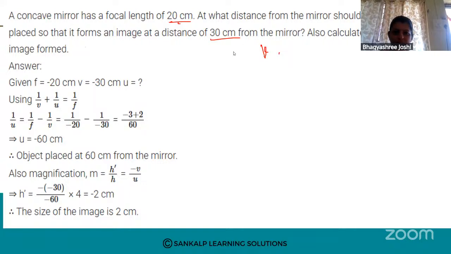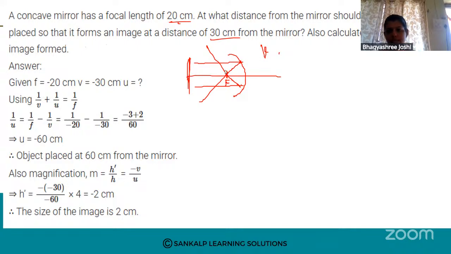So here the focal length is 20 centimeter. Here we are using a concave mirror, right? So in a concave mirror, see, this is an incident light. After reflection it goes like this, right? So it meets at this point, that means the light converges or meets at this point, therefore the principal focus is at this point. Here it is on the same side of the object. See, if the object is here, the image will also form here only.